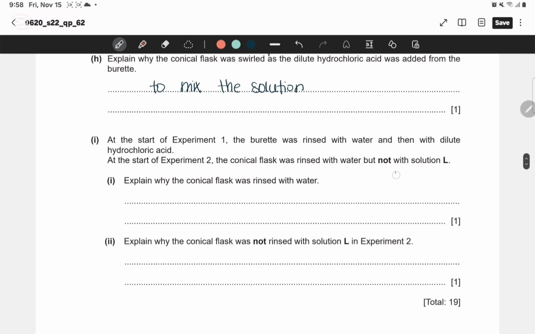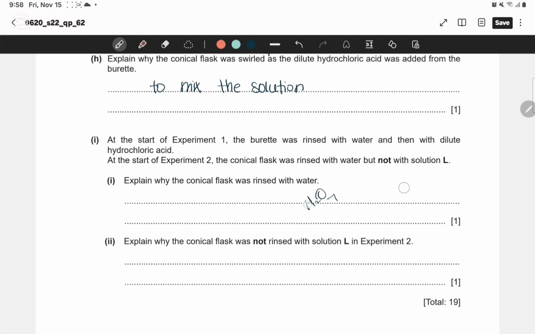So again, here we have our conical flask and the burette. So the burette was rinsed with water and hydrochloric acid. But the conical flask was only rinsed with water, not hydrochloric acid.